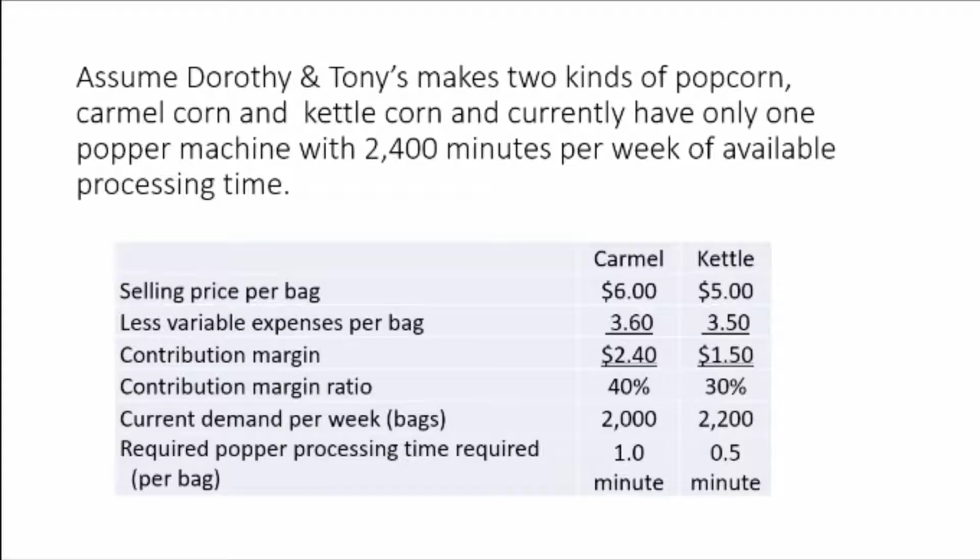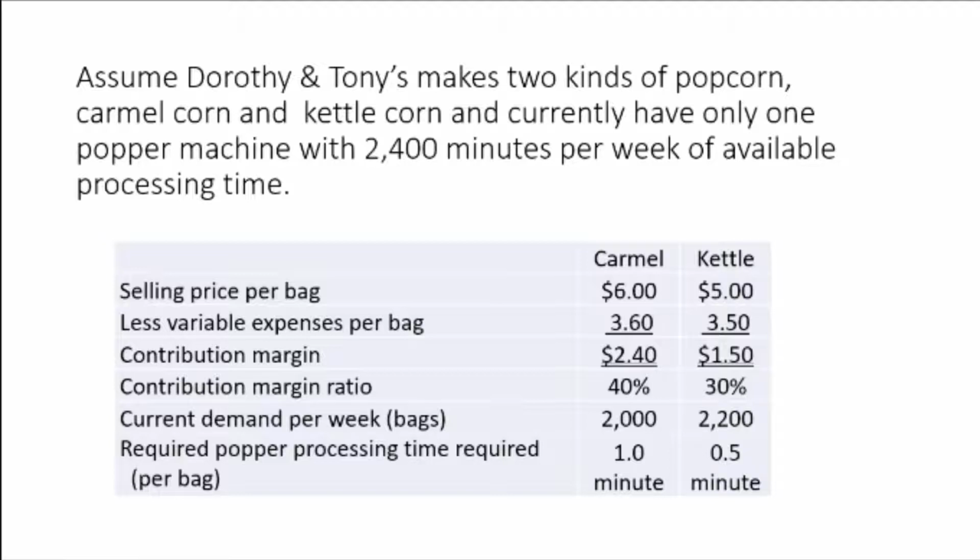And currently they have only one popper machine with 2,400 minutes per week of available processing time. Now all this information is fabricated for educational purposes, so don't think that this is reality. It's close to reality, but it's purely fabricated.